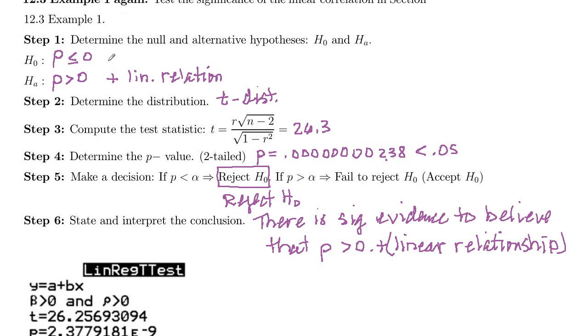And then the opposite is that there's not, so no positive linear relationship. Now, if you're doing equal, not equal, that would just be linear relation, no linear relation. Because remember, when R is 0, that means no linear relation.